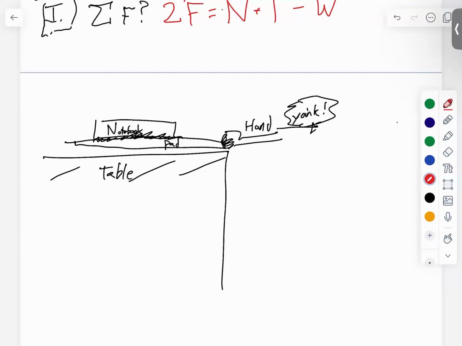Do the same steps that I just guided you through one by one. Identify objects, identify forces, identify directions, draw a diagram with ups and downs. Your first goal is to write an algebraic expression for the vertical net force.